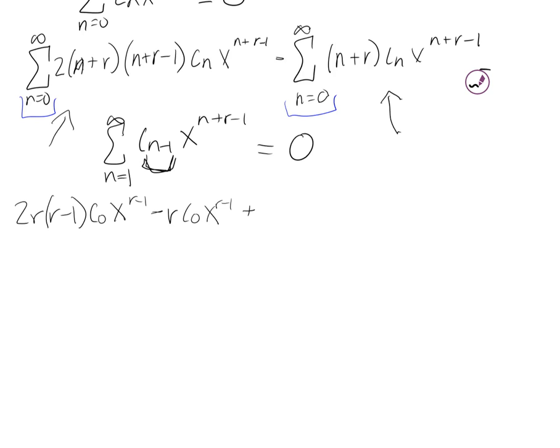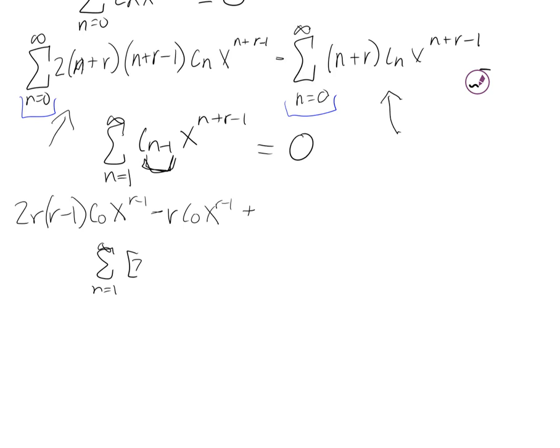And now we can go ahead and add on our sequence for when it starts at n equals 1. So I'm going to write it down here to make sure it all fits. So we get the sum starting at n equals 1 to infinity.